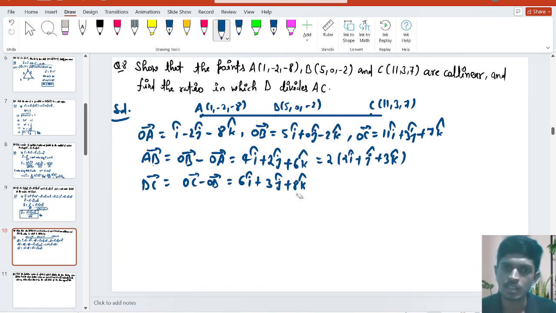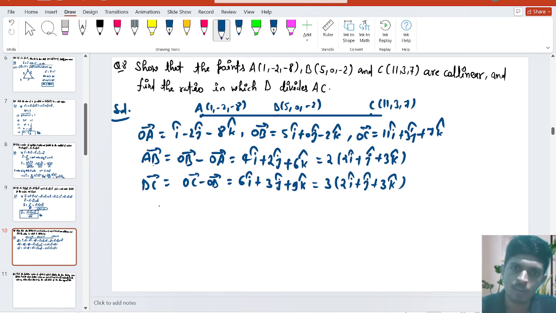Here you see that this is not 8. If we do OC minus OB, 7 minus (minus 2) becomes 9. I hope it is clear to you. If you take 3 common here, you get 2i cap plus j cap plus 3k cap. Yes, I hope it is clear to you.